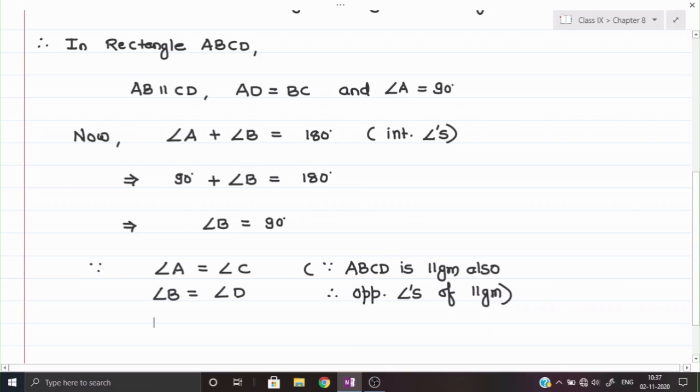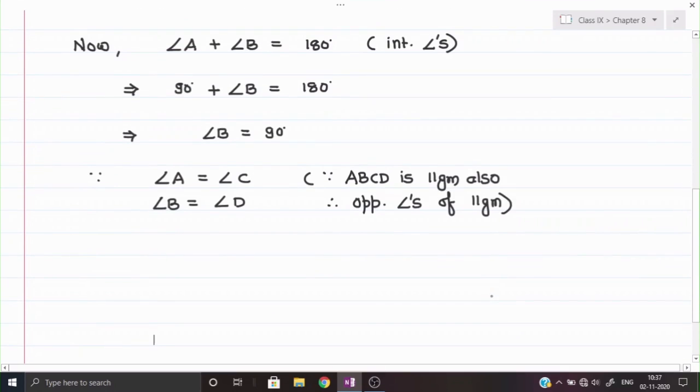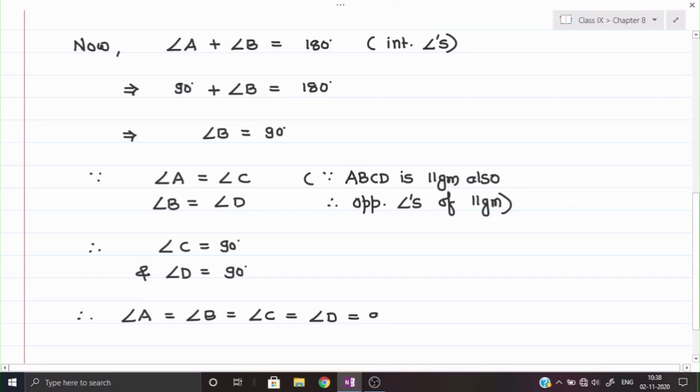So here we can say that angle A and angle B we got as 90 degrees each. So angle C will be equal to 90 degrees and angle D will also be equal to 90 degrees. So now we can say that therefore angle A is equal to angle B is equal to angle C is equal to angle D. All four angles are equal to 90 degrees each.